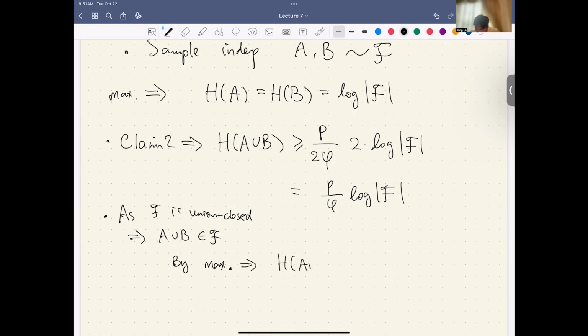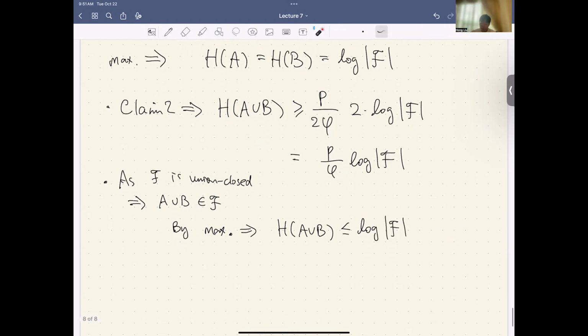The entropy of this union, which is some random set from F, I don't know how it's distributed, but its entropy is no more than log of its range, which is log |F|. So on one hand, we have this is at least this. On the other hand, we have this one is at most that.